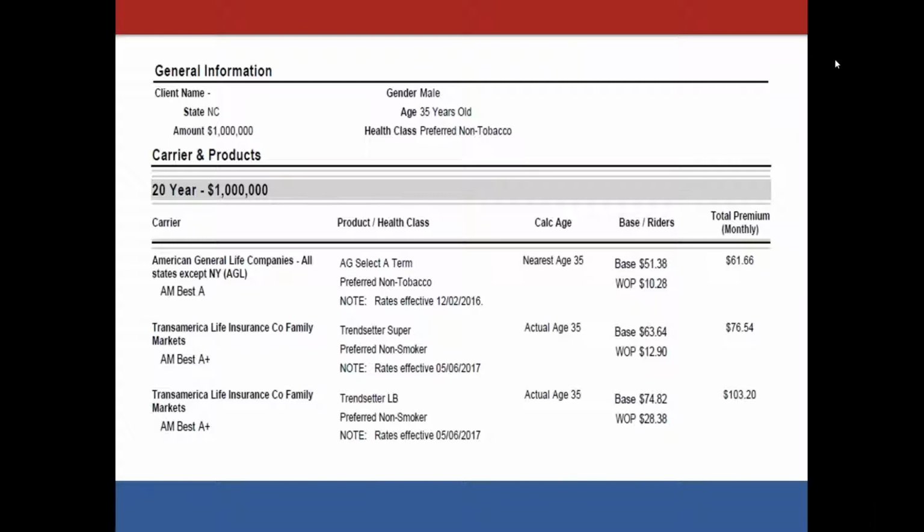Primarily as an example, you have a client that's not willing to do an exam, doesn't like to have blood work, etc., and you're going to look for products that will eliminate or be what are called non-med products. Doesn't eliminate underwriting. There's still things going on behind the scenes, but it does mean that they do not have to go through the exam process of having blood and urine.